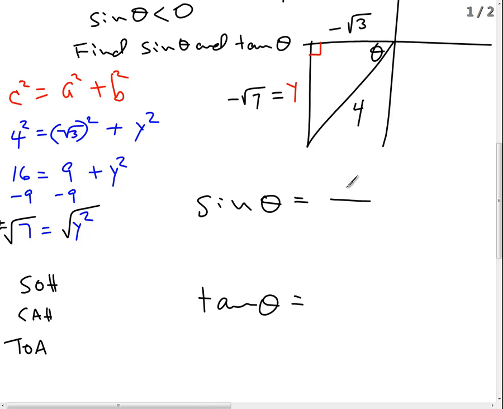Travis? Right, negative square root 7 over 4. And how about tangent?